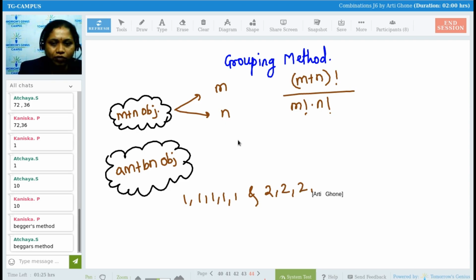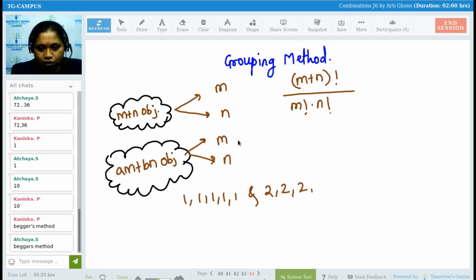So how many total objects do I have? 2 plus 2 is 4, 4 plus 2 is 6, 7, 8, 9, 10, 11. Likewise, I am adding up to 11 objects. So how are we going to do this task when we have to group it in terms of m and n only? What will be the answer? Any guesses? At least you can guess the answer, no?